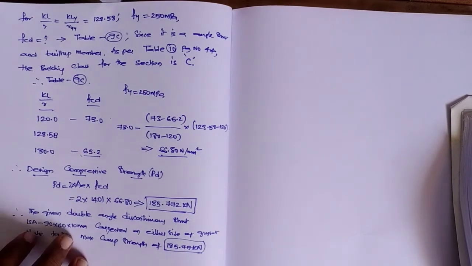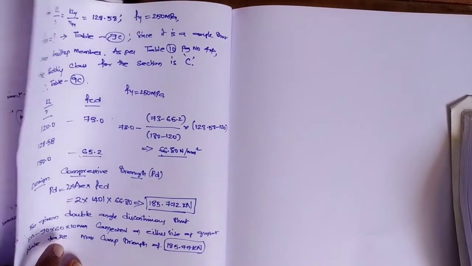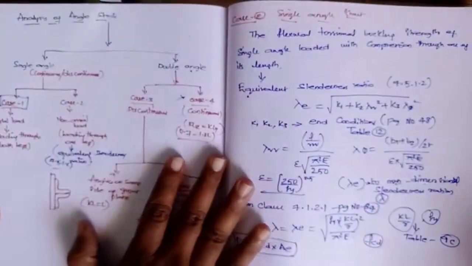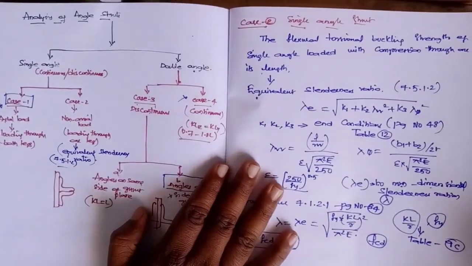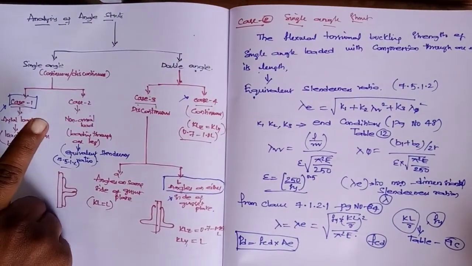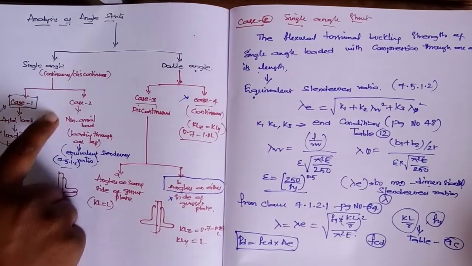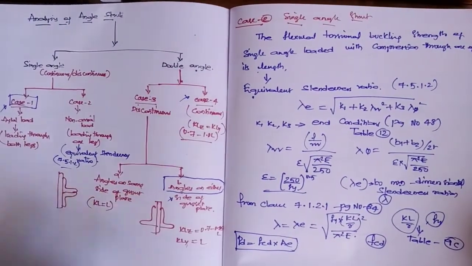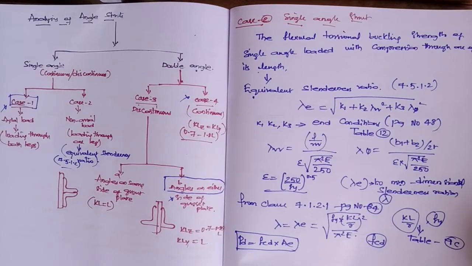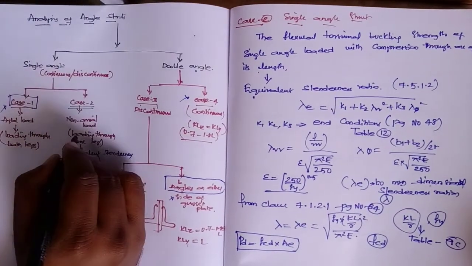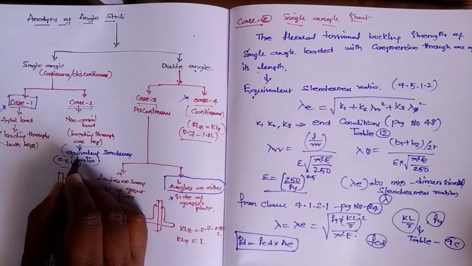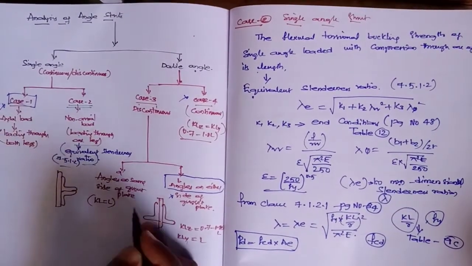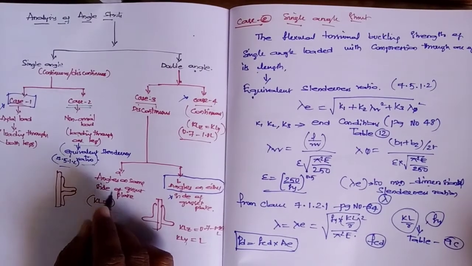Okay, still we have, and one more thing we have seen is double angle discontinuous on the same side. Means if I go back to this one, this is very important. So here we have done this problem, and in this we've done both problems. Means we have completed case 2 problem, that is loading through one leg, discontinuous, equivalent slenderness ratio based, and this one also same, angles on same side.